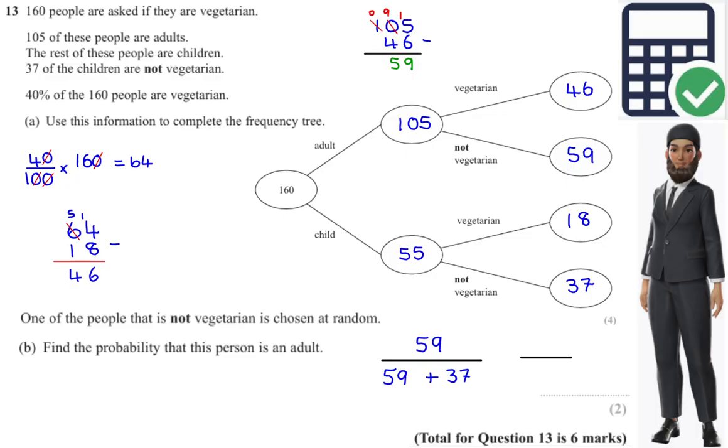And that gives you 59, and add these two numbers in the denominator. That's going to give you 50 plus 30 is 80, 9 over 96, and that should be the final answer.